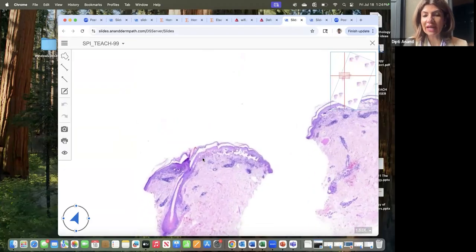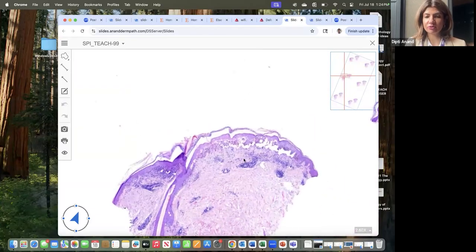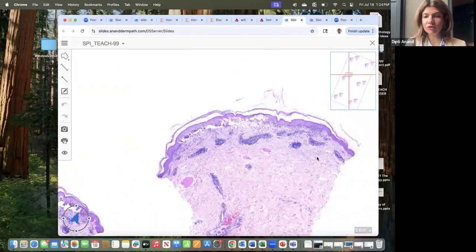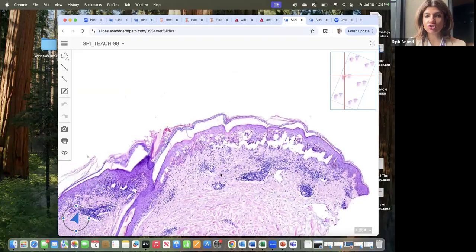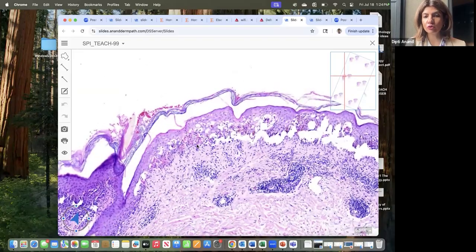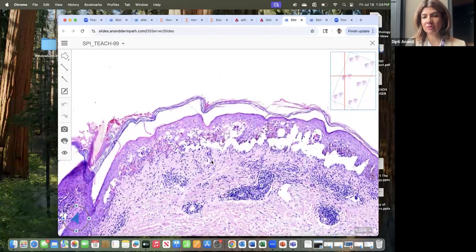Okay. So what happens in both EM and fixed drug eruption is that over a period of time, the vacuolar alteration and the necrotics will become confluent and will produce confluent intraepidermal necrosis. That will produce an intraepidermal blister.